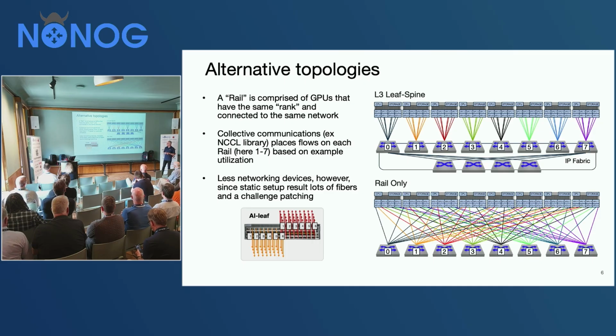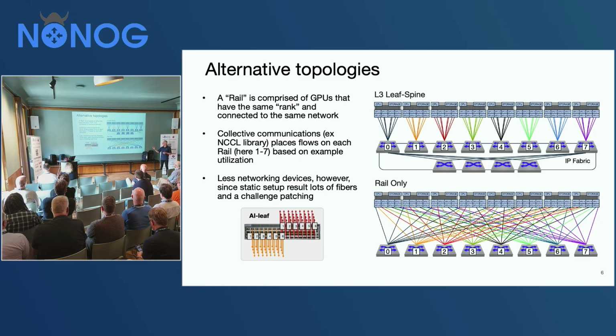With a rail only, each GPU 0 in each server connects to one leaf switch. GPU 1 connects to another leaf switch. So that's what's called a rail, and they have the same rank in the GPUs.